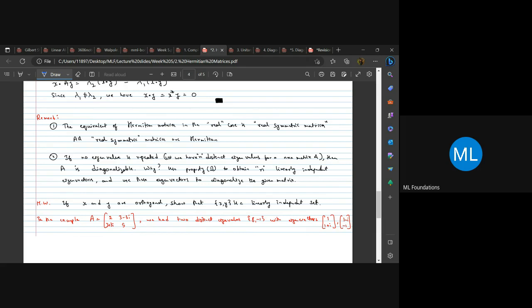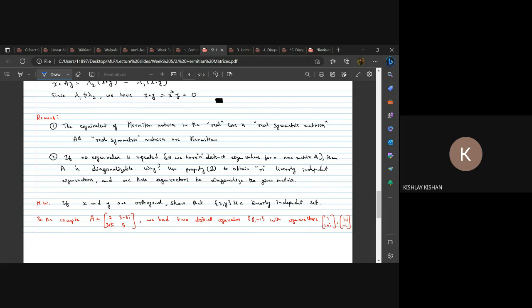What I said is that if the eigenvalues are not repeated and A is Hermitian, you get two distinct eigenvectors, and those two eigenvectors will be orthogonal. But, ma'am, if they are orthogonal, then the eigenvalues have to be distinct. Otherwise, it will give the same vector, and that will not be orthogonal.